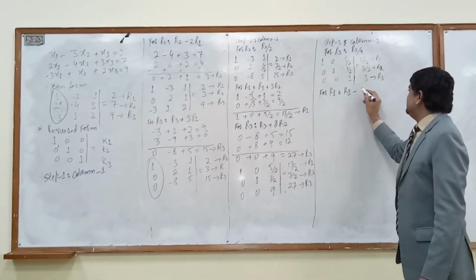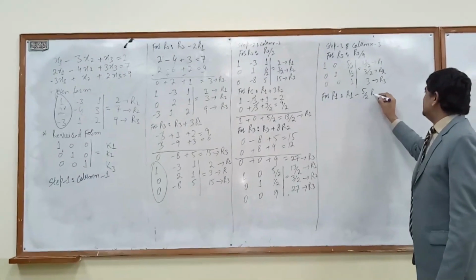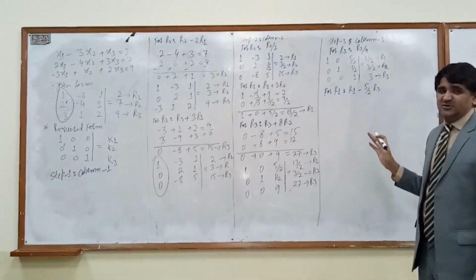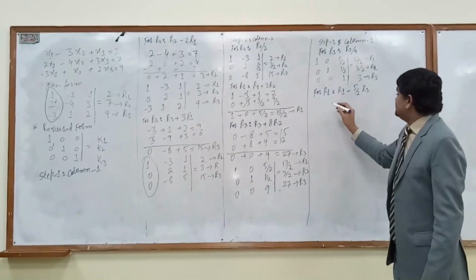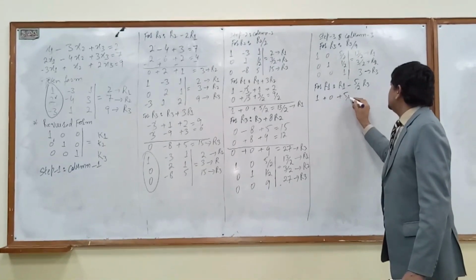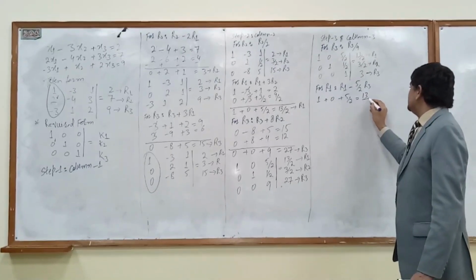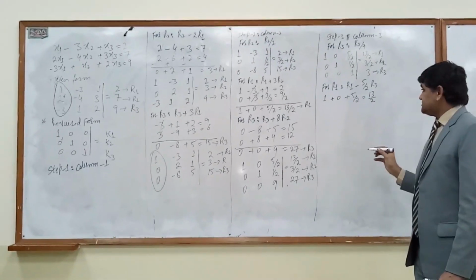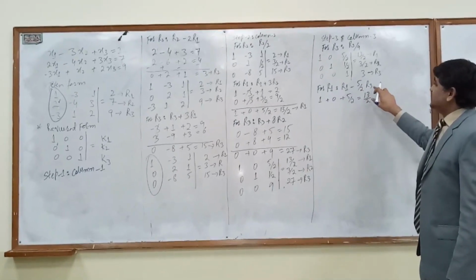It will be minus 5 by 2 R3, because we are talking about column 3. What is R1? 1, 0, 5 by 2, which is equal to 13 by 2. So we are going to multiply 5 by 2 by R3.